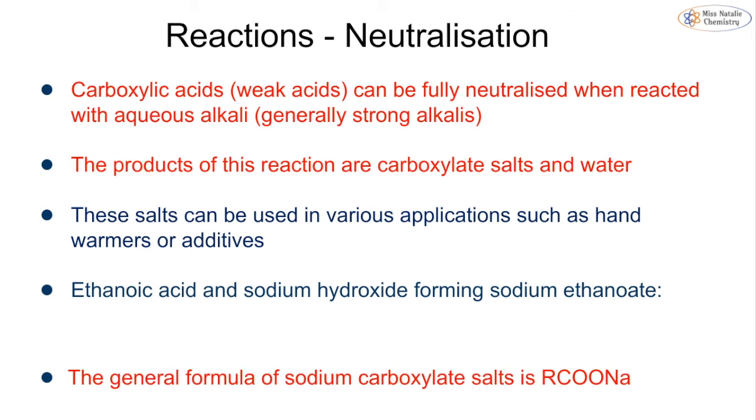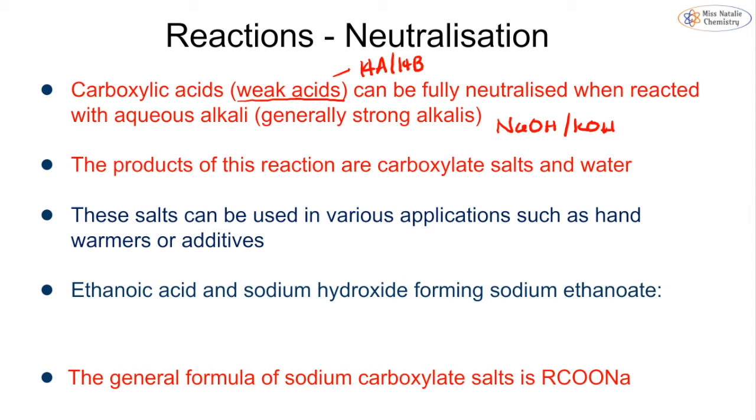Our second reaction is a neutralization reaction, and this is where we take the carboxylic acid, which we already know is a weak acid. We learned that back in topics 14a and 14b. And so they will be fully neutralized when they are reacted with an aqueous alkali, which is generally a strong alkali, such as sodium hydroxide or potassium hydroxide.